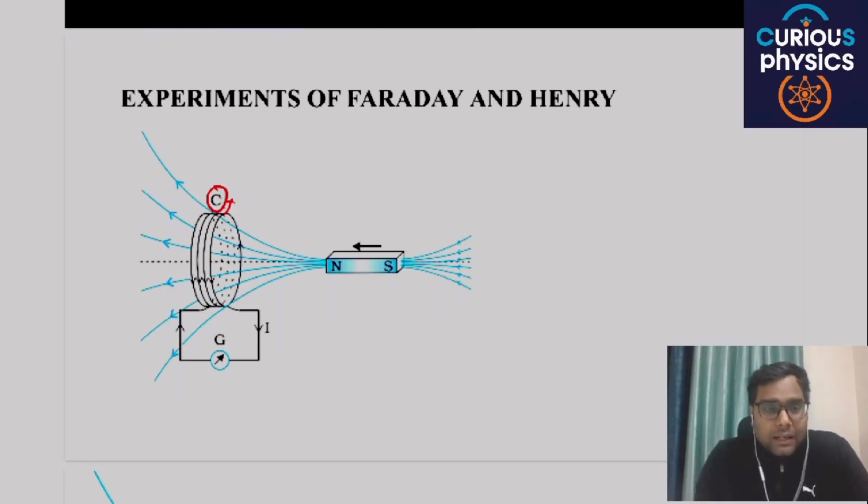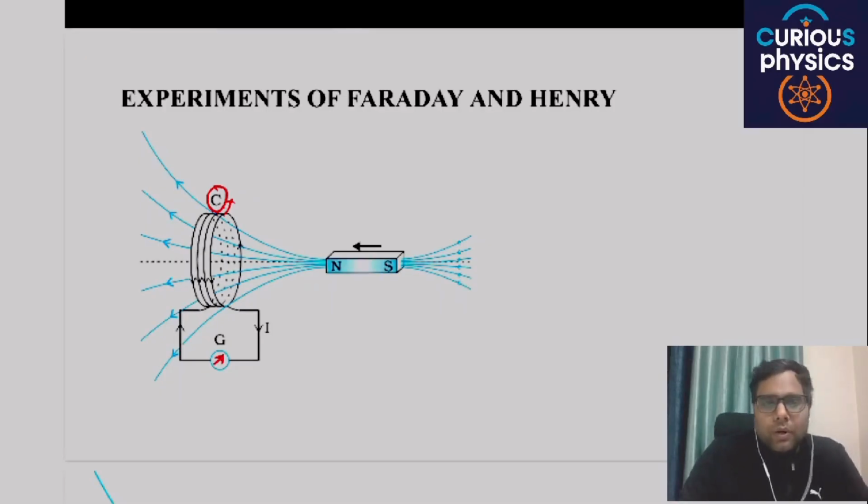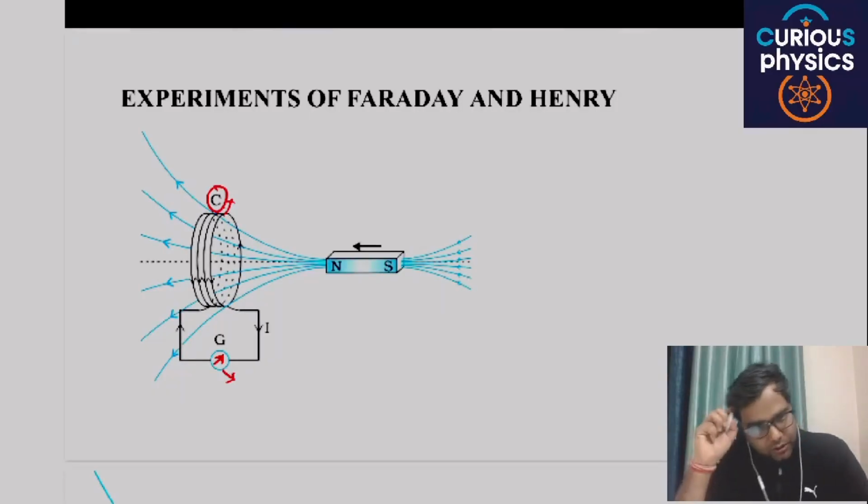So when the magnet moves toward the coil, the galvanometer attached to coil C shows a deflection.